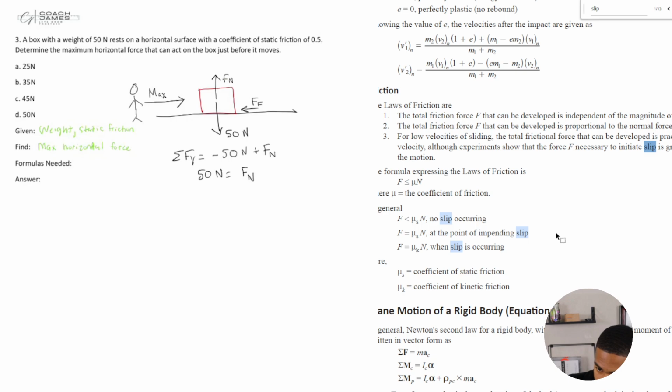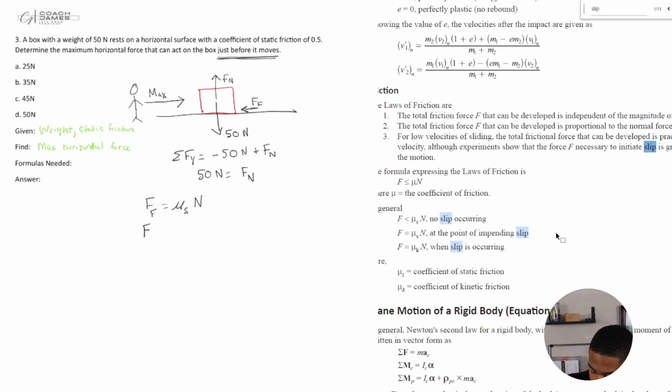So the force of friction right at the point of impending slip, just before it moves, is going to be this.